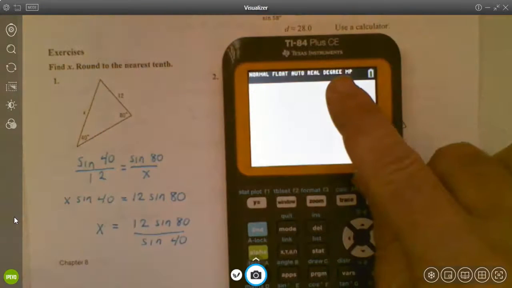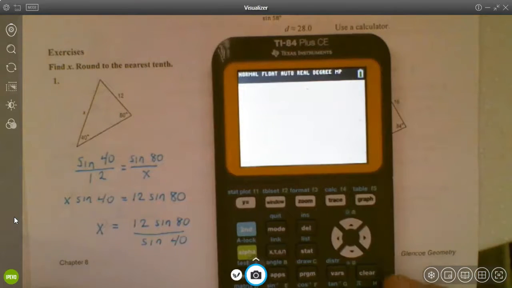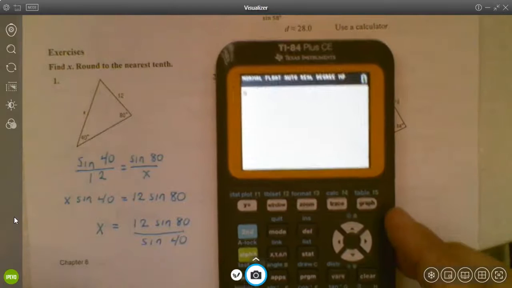So again, make sure we're in degrees, not radians. One thing you have to be careful of is make sure that your calculator knows everything that's on top and everything that's on bottom, right? So if that's ever an issue, you can always put things in parentheses. So if I want to tell my calculator what's on top of the fraction bar and what's on bottom of it, I could always use parentheses.